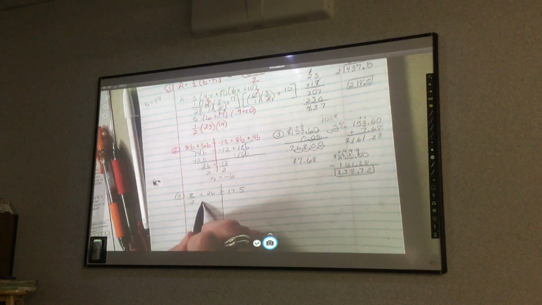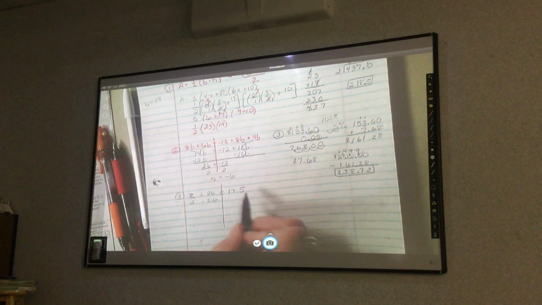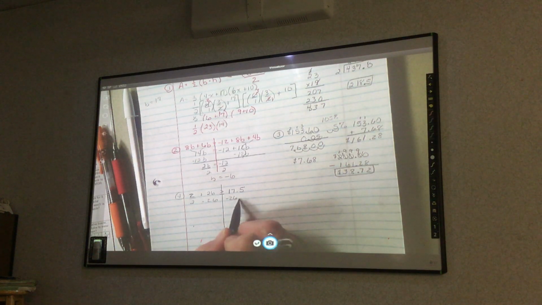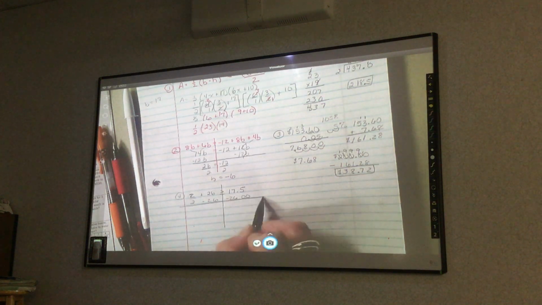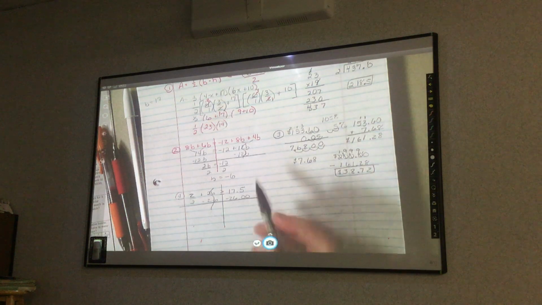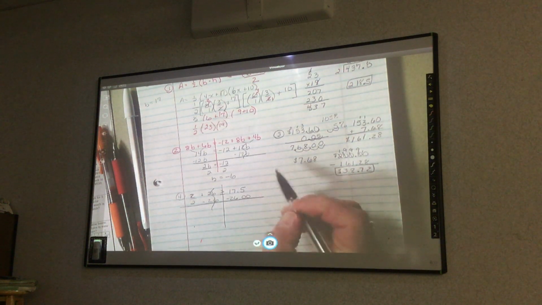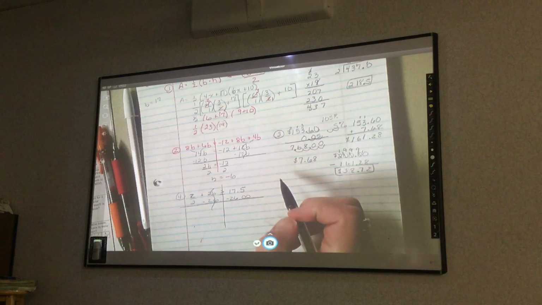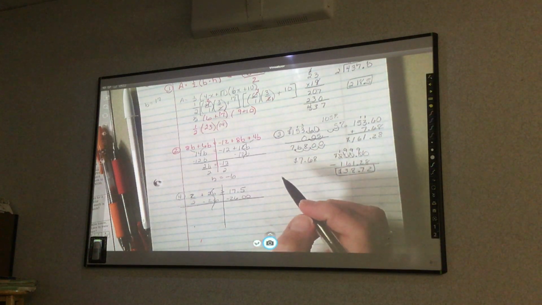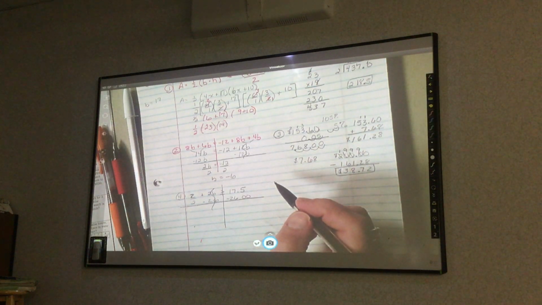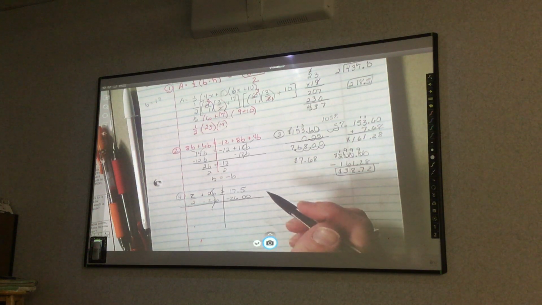And then I'm going to subtract my 26 from both sides. So if I do that, these cancel each other out. I have a positive and a negative, so I need to do what? Subtract.